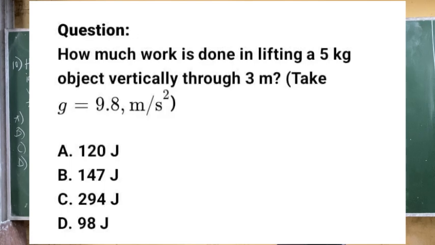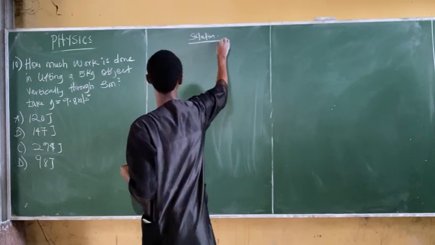Option A, 120 joules. Option B, 147 joules. Option C, 294 joules. Option D, 98 joules. So solution, let's solve.